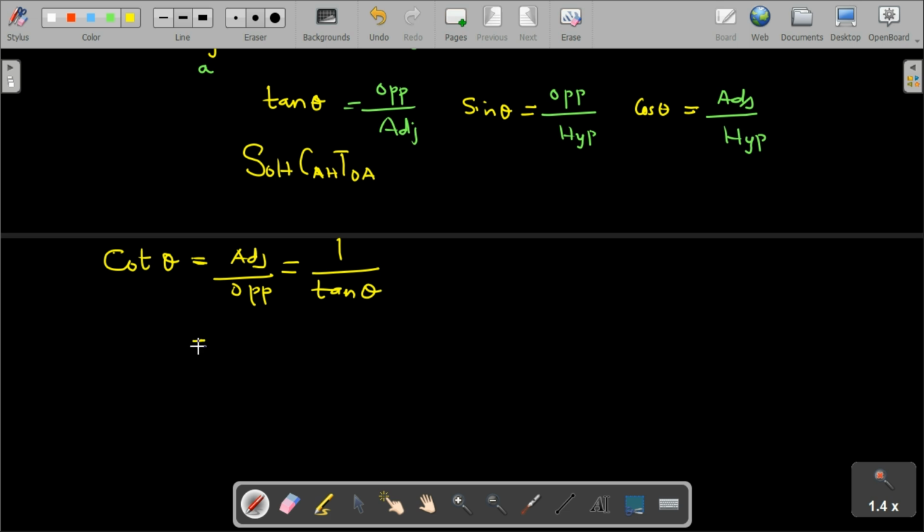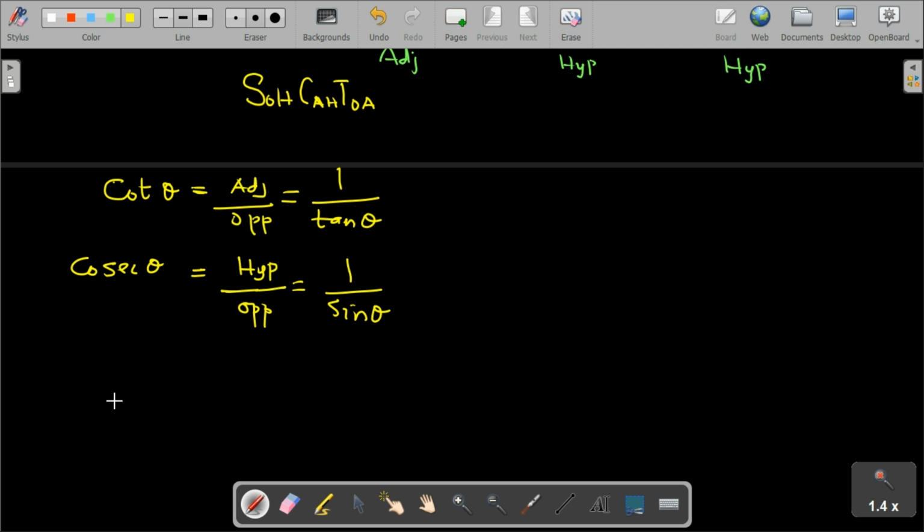We could also have the cosecant, cosec theta, which is the inverse of sine theta, that is hypotenuse over opposite. And we also have secant theta, popularly shortened as sec theta, which is the inverse of cos theta, that is hypotenuse over adjacent.